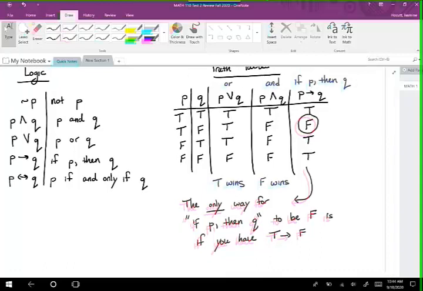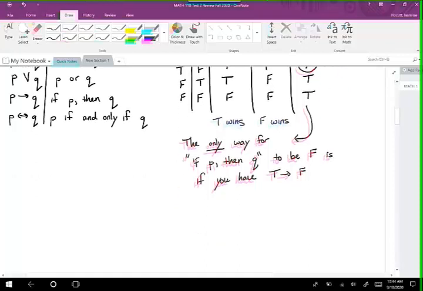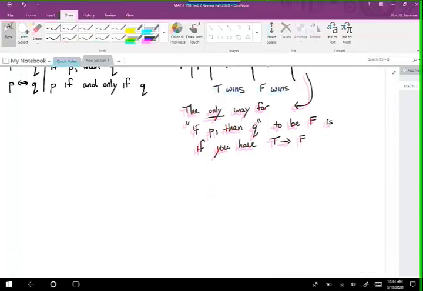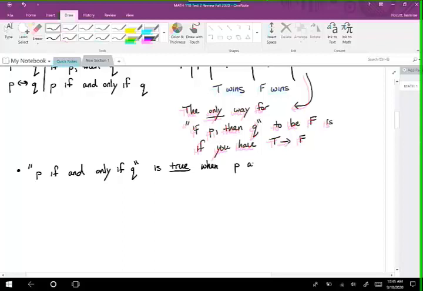There was one more type of statement where we looked at the truth values, and we didn't really draw a table for it, but we still discussed the truth value of it. We talked about the truth value for P if and only if Q. That statement is true when P and Q match.